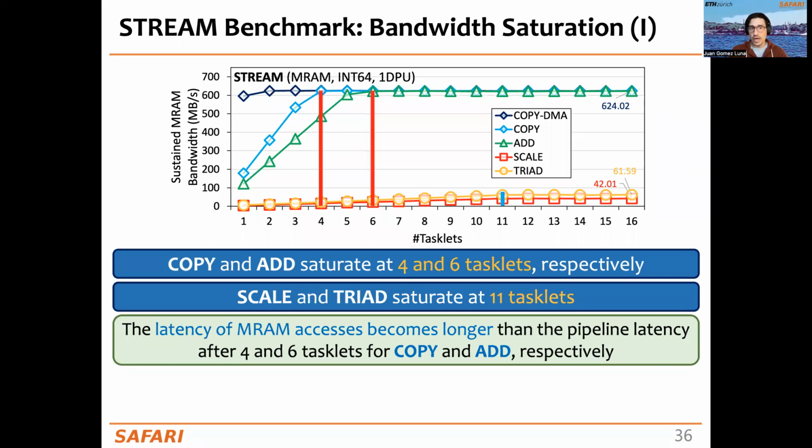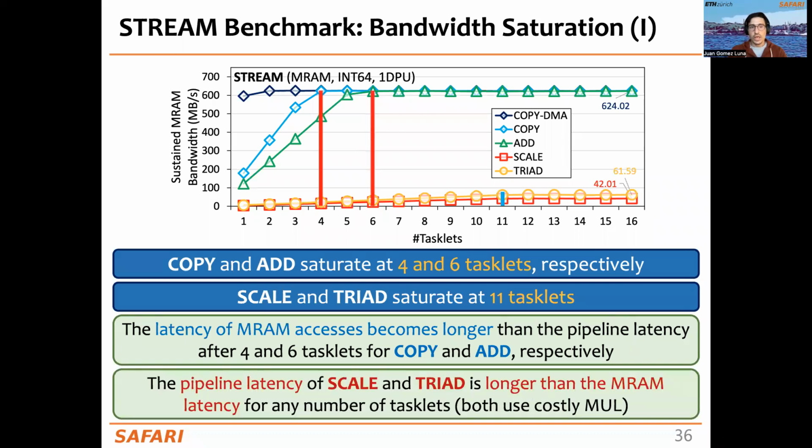So for copy and add, the latency of WRAM accesses becomes longer than the pipeline latency after 4 or 6 tasklets, respectively. In the case of scale and triad, the pipeline latency is longer than the WRAM latency for any number of tasklets, and this is why we see that the bandwidth saturates at 11 tasklets, because the arithmetic throughput also saturates at 11 tasklets. And now remember that scale and triad use multiplication, and multiplication is pretty costly because it's emulated.